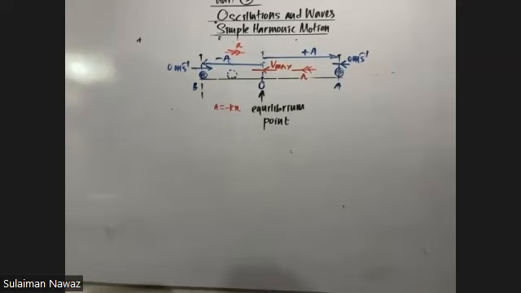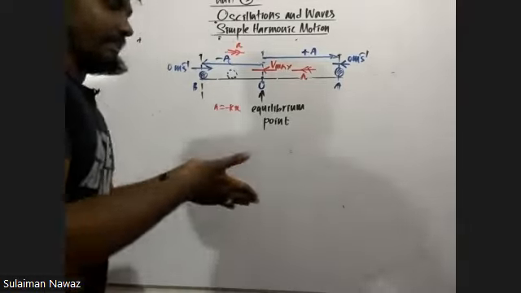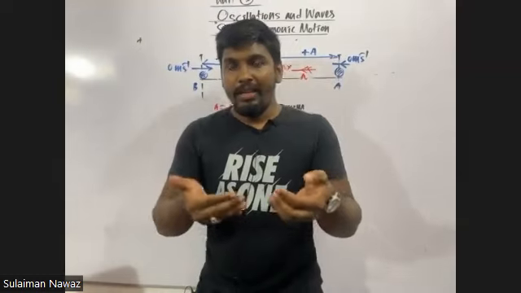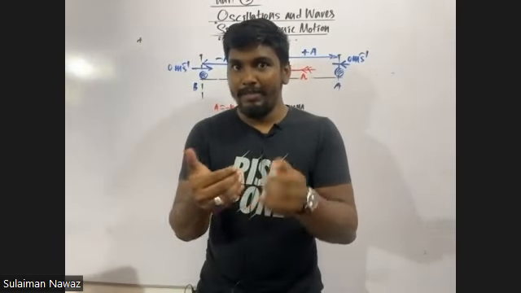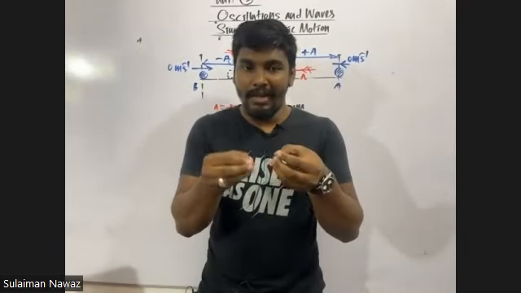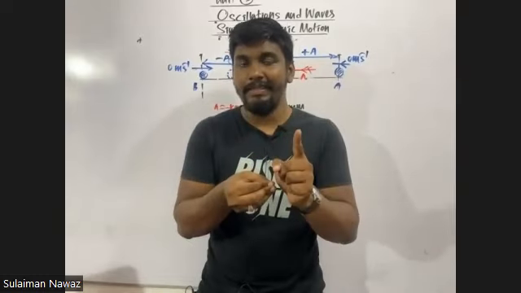Now in circular motion as well as in rotational motion, as I explained, what is frequency? Frequency means the number of circular motions per unit time, or the number of circular motions per 1 second.